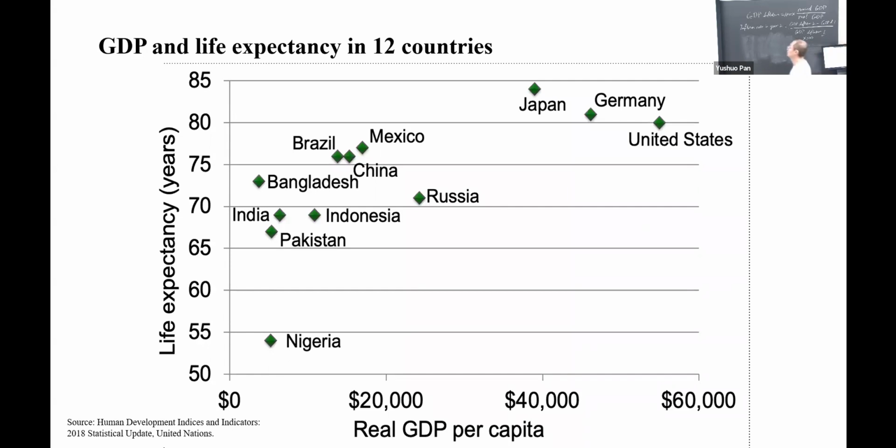The horizontal axis is the real GDP per capita, again the main indicator of people's standard of living, and the vertical axis is life expectancy in years. You can see the relationship between these two variables. It's kind of a concave curve, a positive relationship. When a country has a higher real GDP per capita, usually life expectancy is longer.